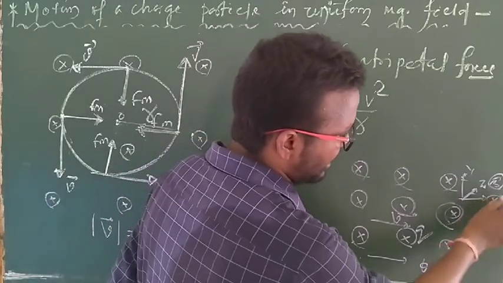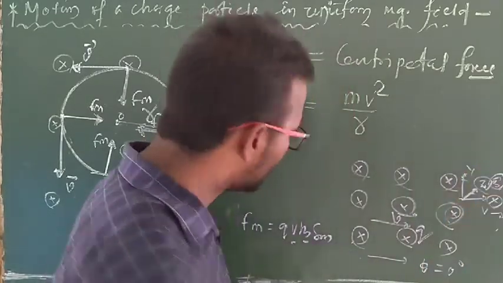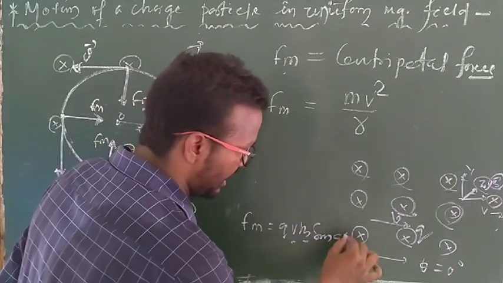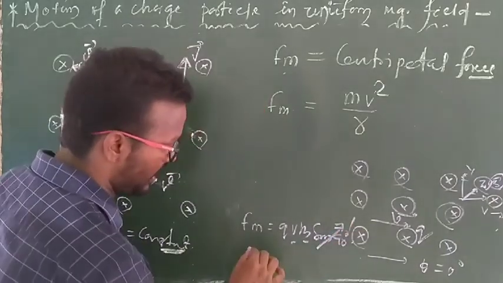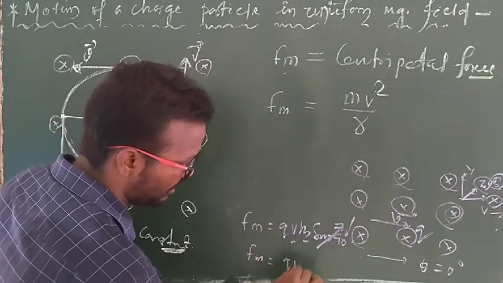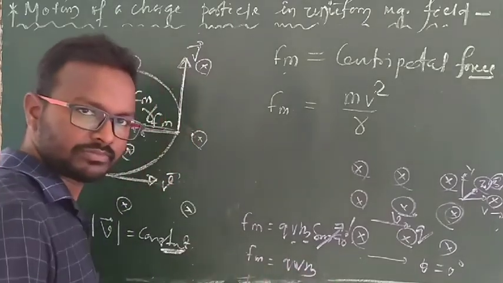So the angle between the x axis and z axis is 90 degrees. So we use sin 90, and the value of sin 90 is equal to 1. So Fm equal to QVB.